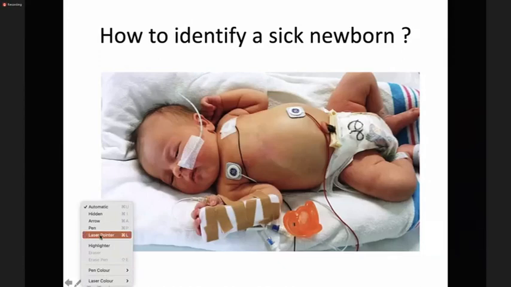Anything else? Monitoring ECG. Okay, ECG leads, all right. What else? Cannula. Cannula, yes. Is that all? Let's see. Okay, cannula is connected to a two-way. Yeah, pretty much that's it.